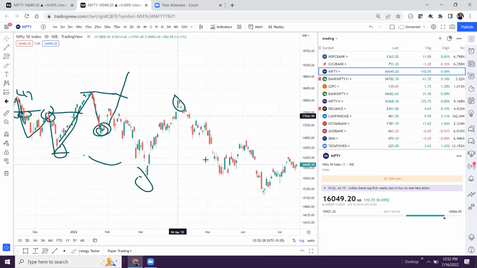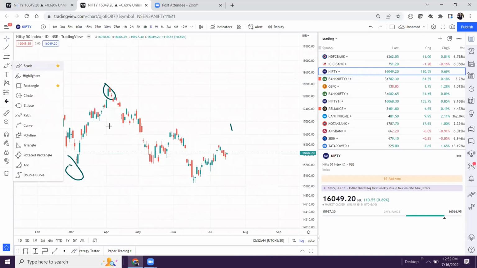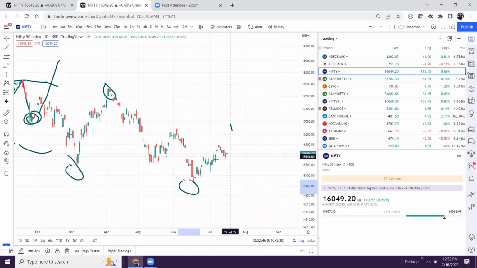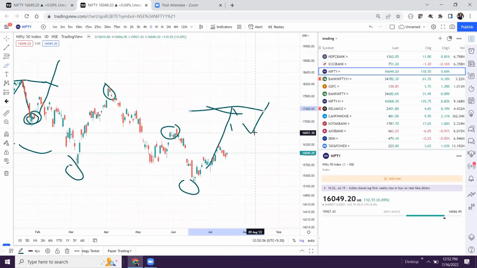Now you can see price moving in between and again breaking this, so the reference point changes from this to this. Now suppose price goes above this, it means it is a first high. And if price comes like this and again breaks this, then that means the trend has changed.